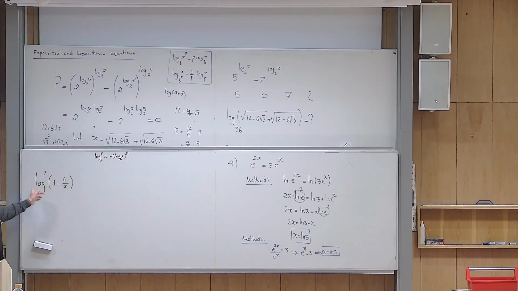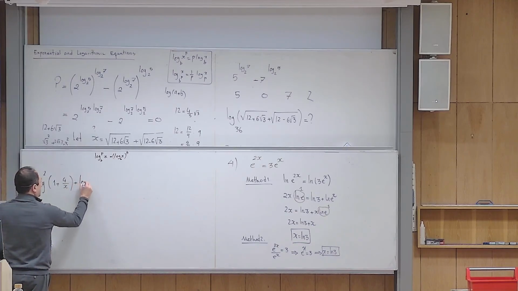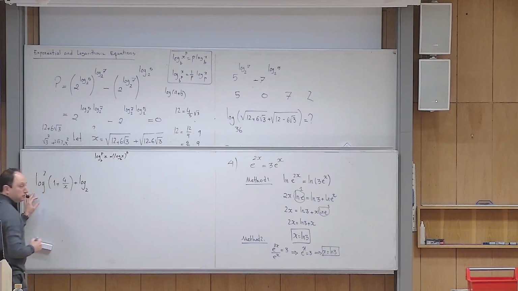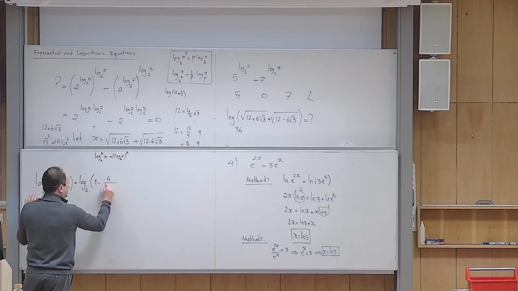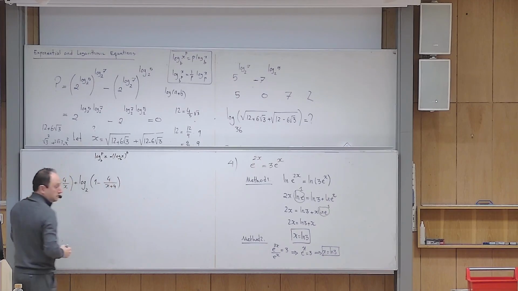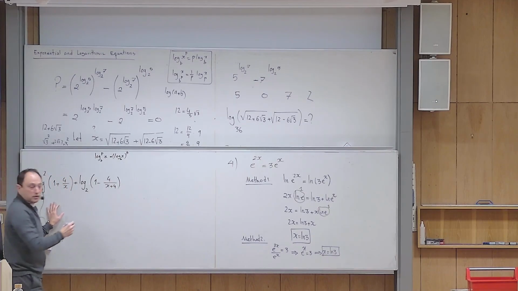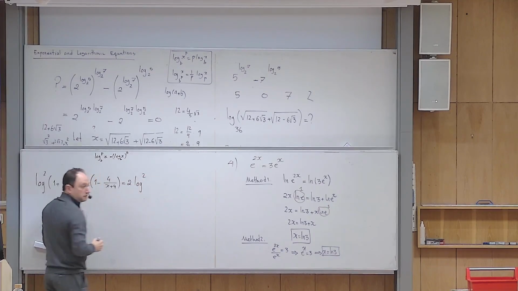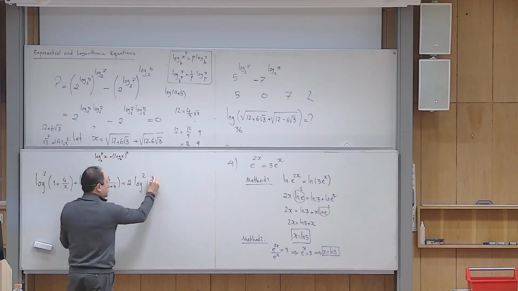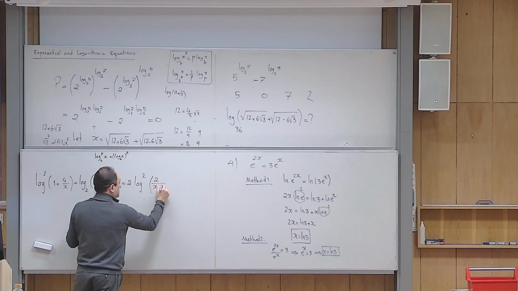So this is common. We use this. And then plus logarithm, this time the base is 2, of 1 minus 4 over x plus 4, is equal to 2 logarithm to the power of 2 of 2 over x minus 1, minus 1.